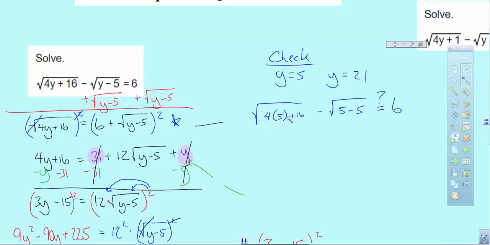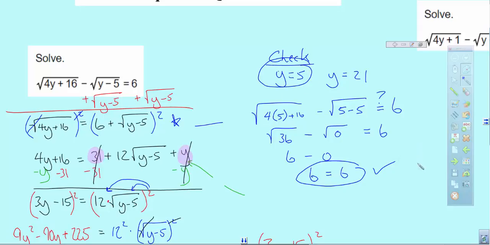Well, if we plug this in our calculator, that's going to be 20 plus 16, that's the square root of 36, minus the square root of 0. Is that equal to 6? Well, that's 6 minus 0, so sure enough, 6 equals 6, and that's a check. So that is one of our solutions.